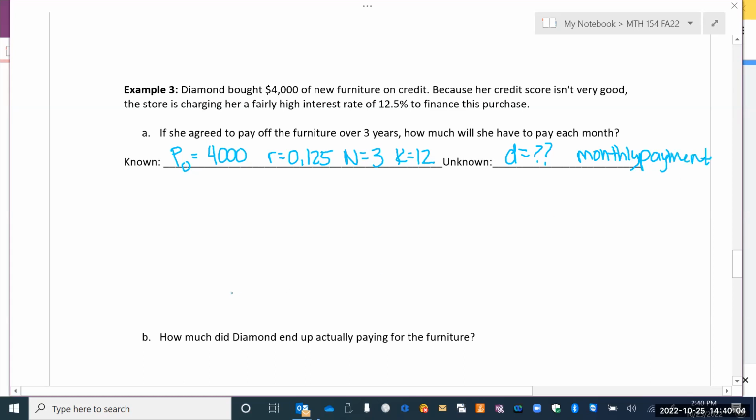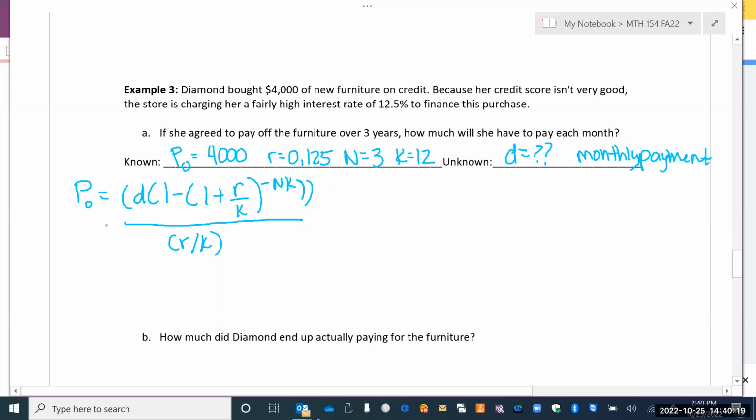Okay, so if we come over here to our PO equals D times 1 minus (1 plus R over K) to the negative N K, all over R over K, now we can fill it in. And again, we're solving for D, so I'm going to separate this out, do it as a separate piece, and then divide it over.